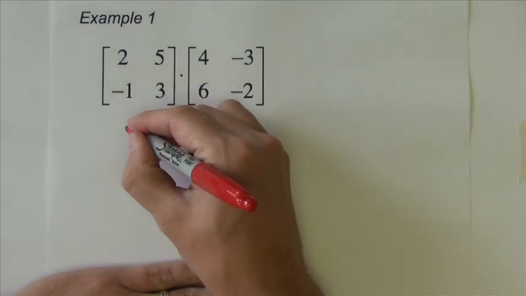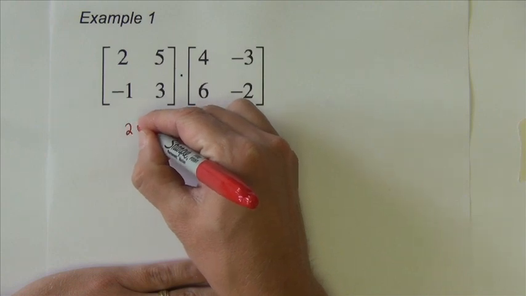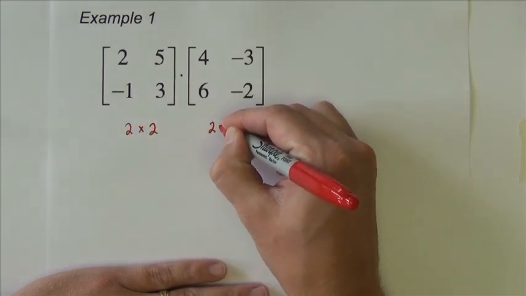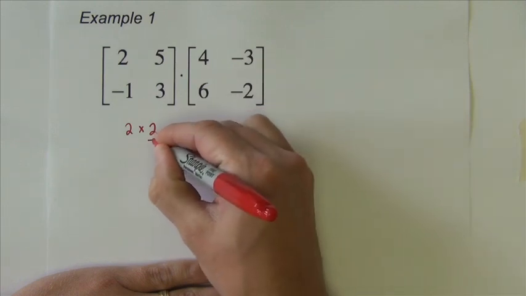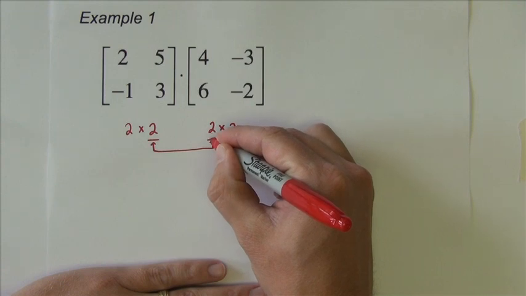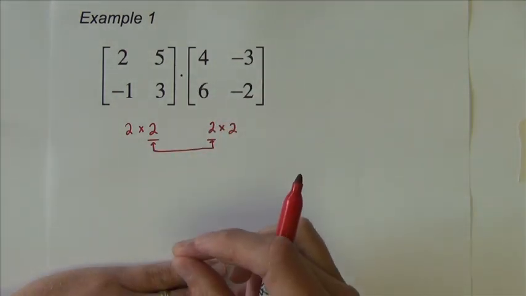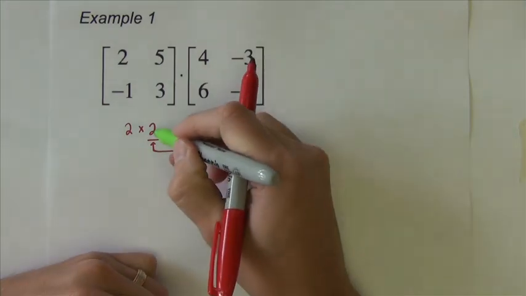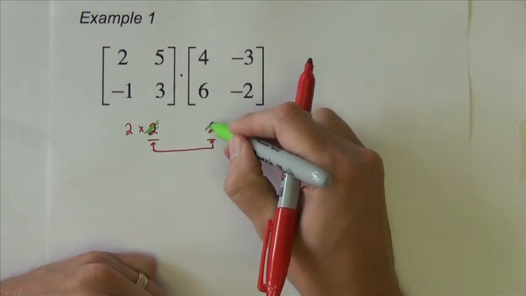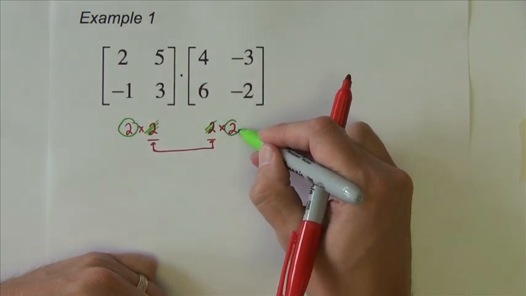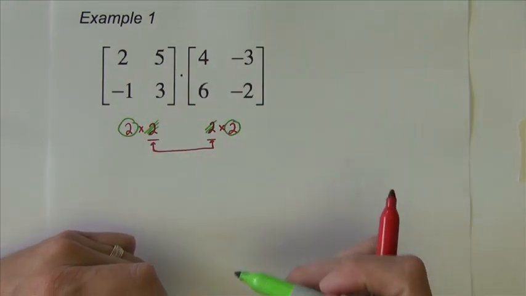Example 1, we have on the left side a 2 by 2, and on the right side we have a 2 by 2. So we're checking these numbers to see if they match. They do match in this instance, so we take those out, and our answer is going to have 2 rows and 2 columns.